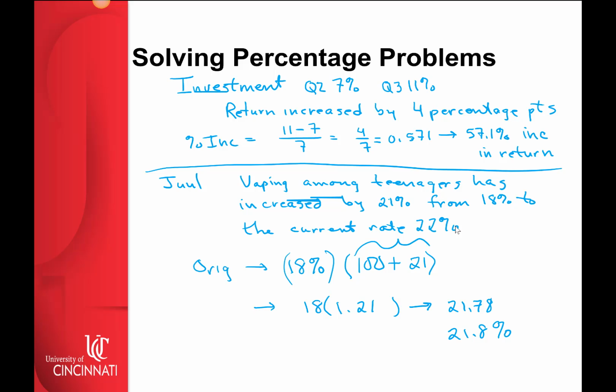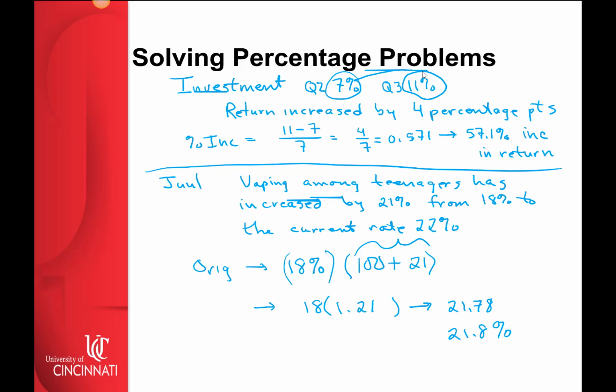Yeah. So for the first problem, do you know is that because it says percentage points? Okay, the return increased by 4 percentage points because it went from 7 to 11. If you take the one percentage minus the other, you're talking about a percentage point change.